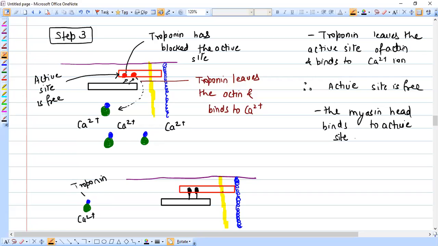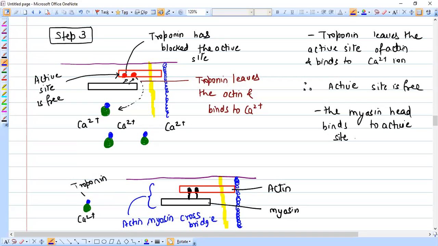So this is actin, this is myosin, and this is the cross bridge formation. This entire setup we call the actin myosin cross bridge. Remember, it is called the actin myosin cross bridge.